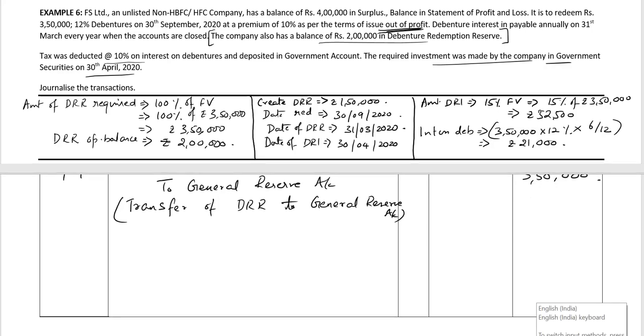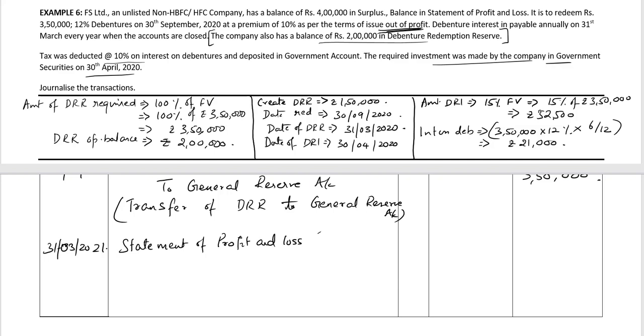Now we need to transfer the debenture interest to the statement of profit and loss on 31/3/2021 at the end of the accounting period. Statement of profit and loss, finance cost, to interest on debentures account.